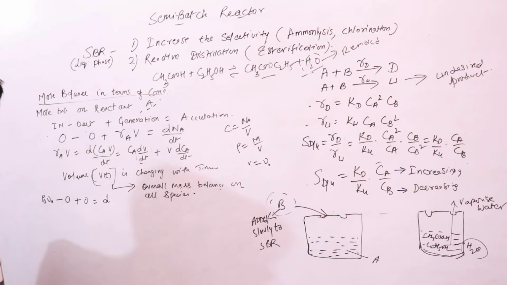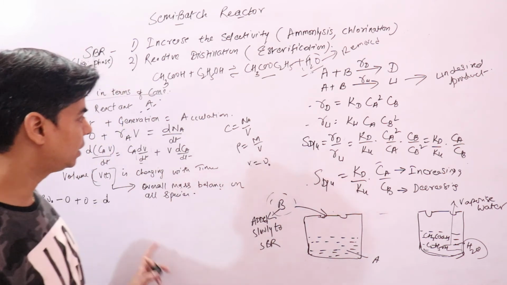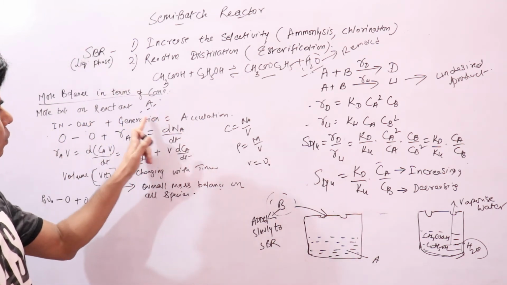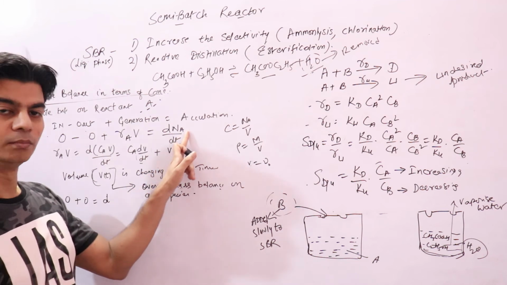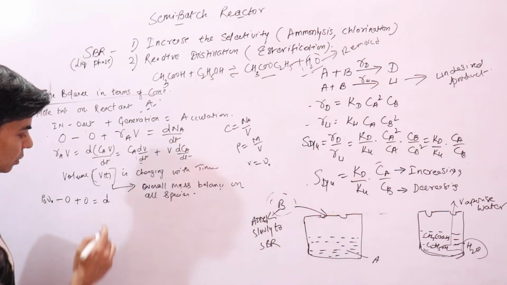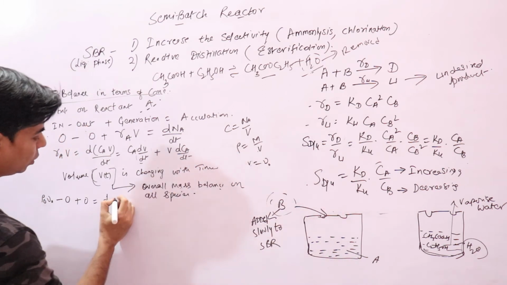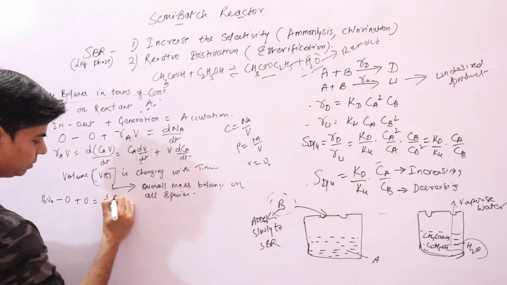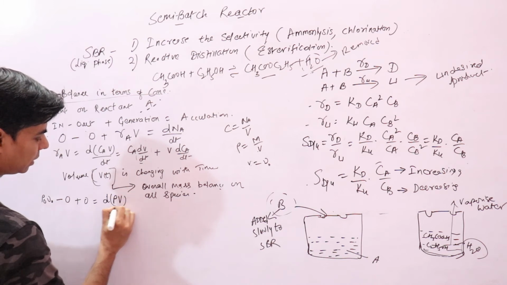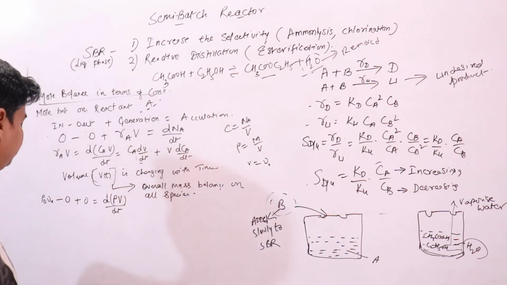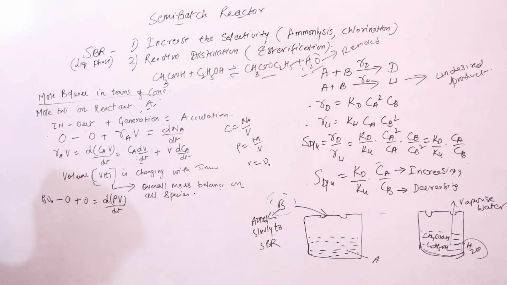So rate of change of, we are doing mass balance, so here we were doing mole balance, rate of change of moles with time. So here it is rate of change of mass with time, and mass is density times volume, right? So it would be d(rho V)/dt, like this. This is your mass balance equation.